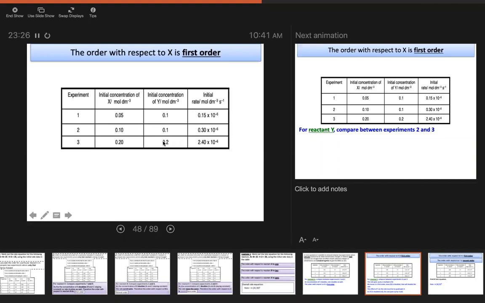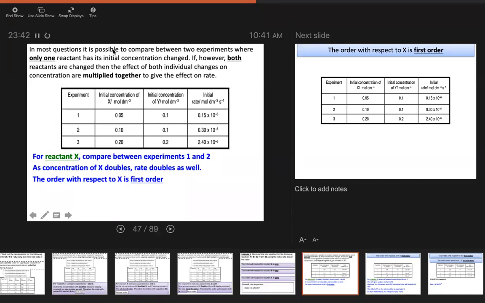You're also changing X. Your concentration of Y is changing, and the concentration of X is also changing. So this is an example where you are changing two reactants at the same time. Both reactants are changed, therefore the effect is multiplied together.